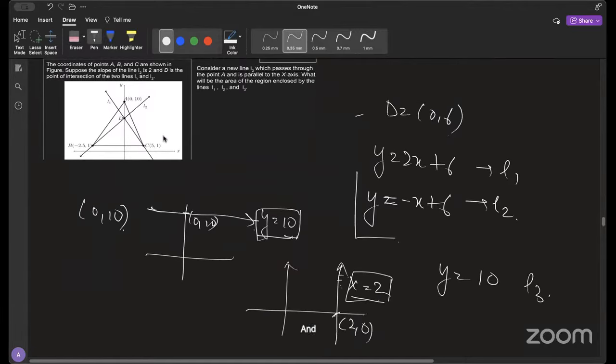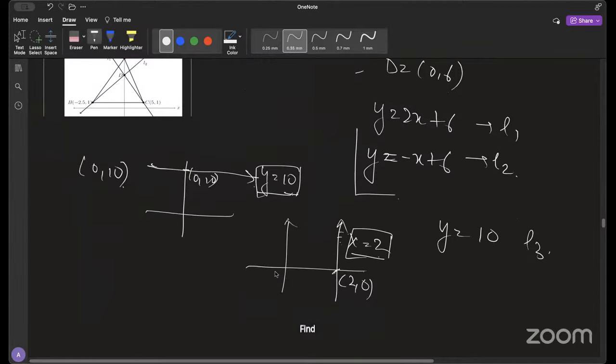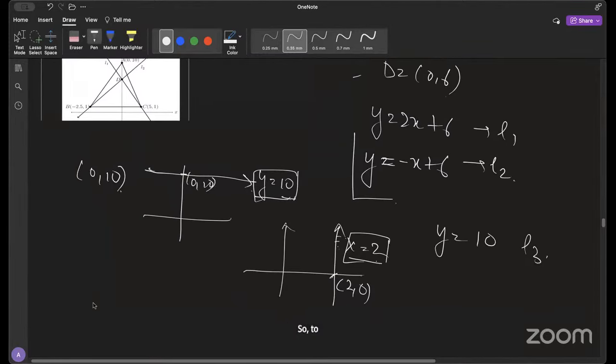And then you have to find the area enclosed by these three. So to find the area, D you have already been given, so one point you already know. This is the L1 line, L2 line, and then this line. So you know this is your D point. D is 0, 6.